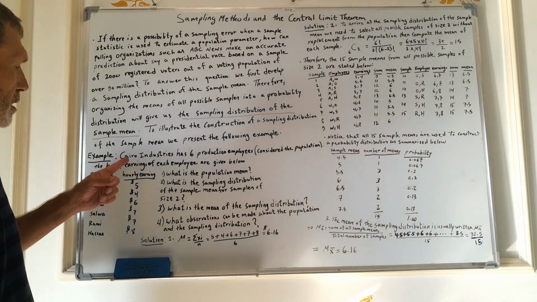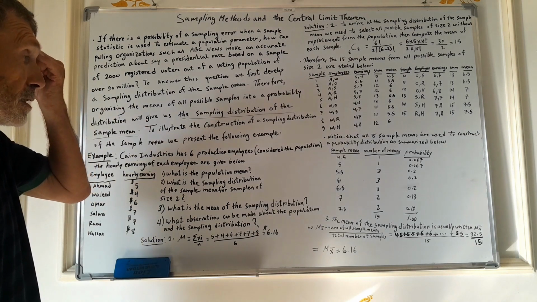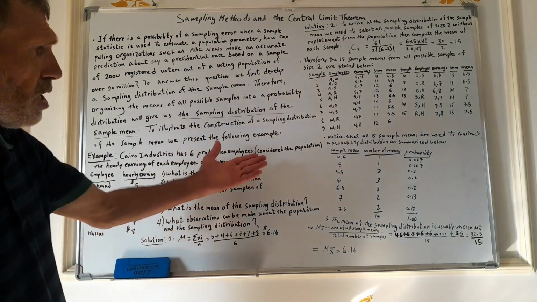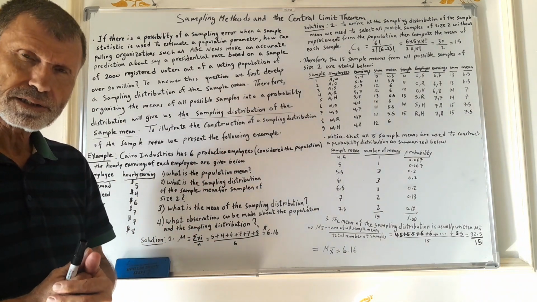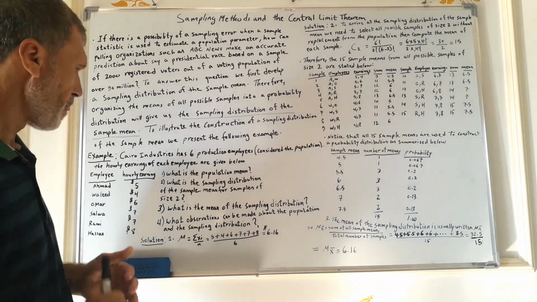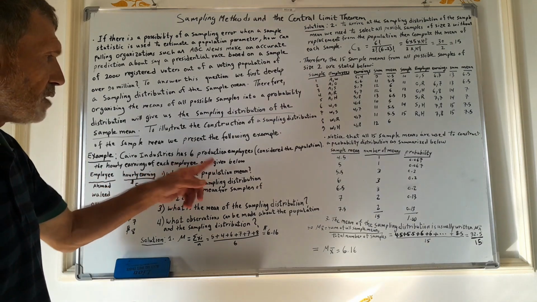The example: say Cairo Industries has 6 production employees or workers. Consider the population. So those 6 production workers are considered the population. The hourly earnings of each employee are given below.